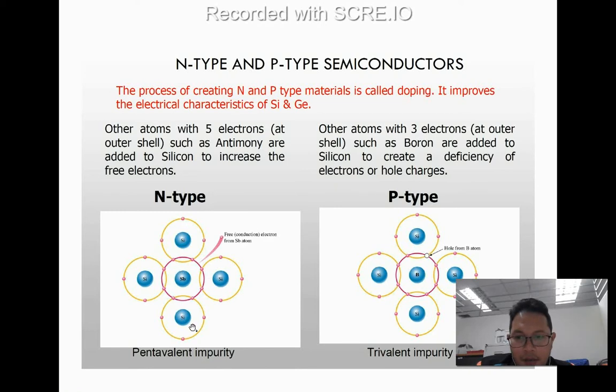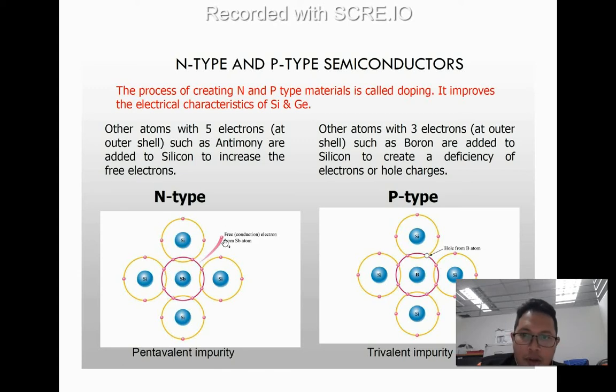So for N-type, it's called a pentavalent impurity, where Sb, which refers to antimony, is added to the silicon to increase the free electrons, because the outer layer has 5 electrons in the outer shell, and this outer shell is combining with 4 different outer valence electrons, giving 9.